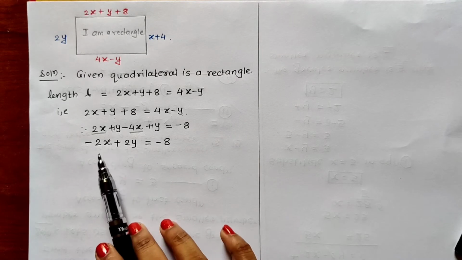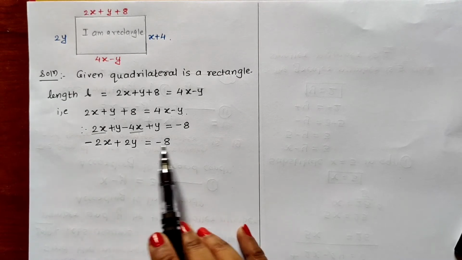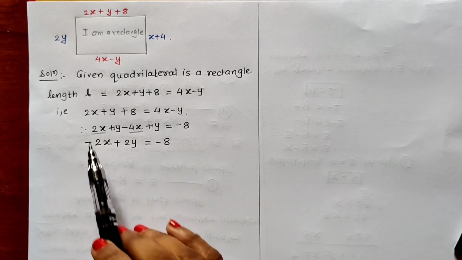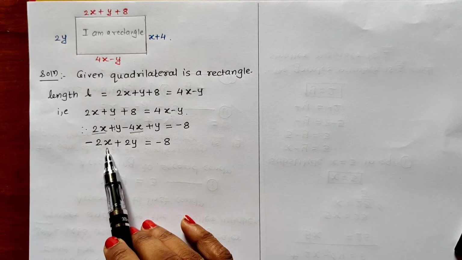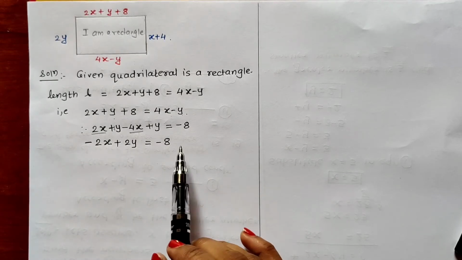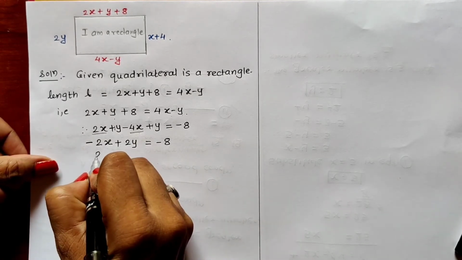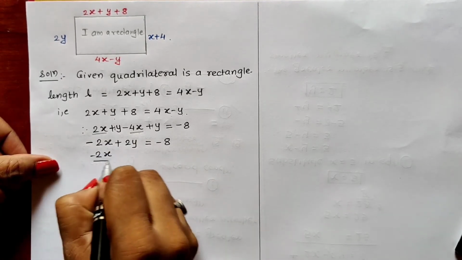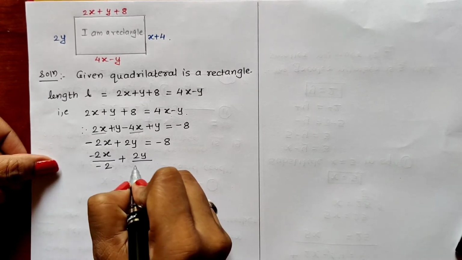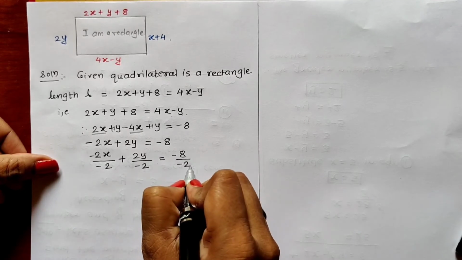Now observe this equation. We can see that 2, 2 and 8, all even numbers, are divisible by 2. Plus the first term has a minus sign. So I will divide all these terms by minus 2. So let us divide. Minus 2x divided by minus 2, plus 2y divided by minus 2, equal to minus 8 divided by minus 2.